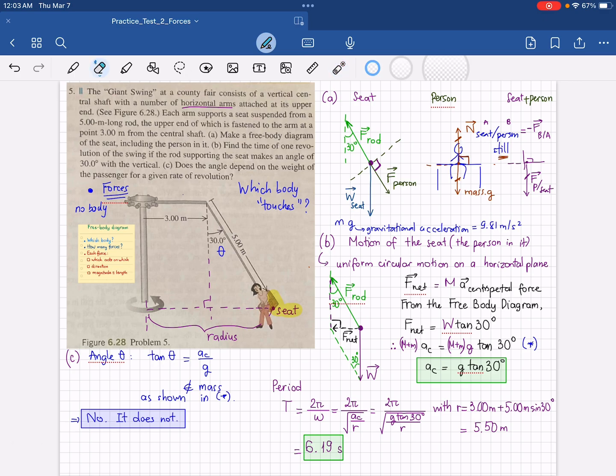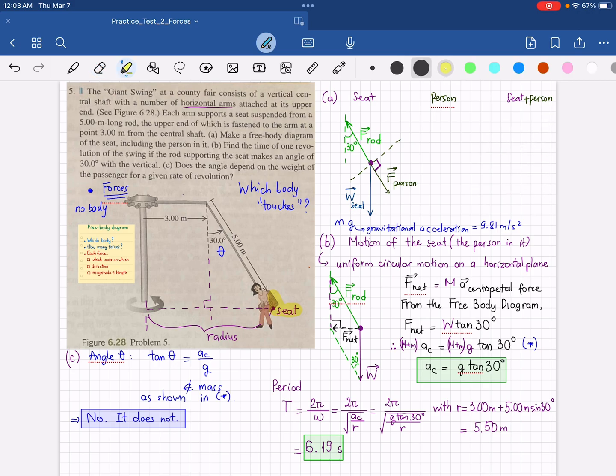But let's see, the question actually asks for a free body diagram of the seat including the person in it. So here they care about the whole system, which includes the person and the seat.